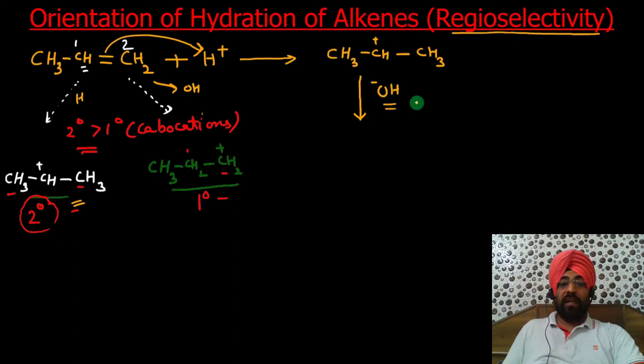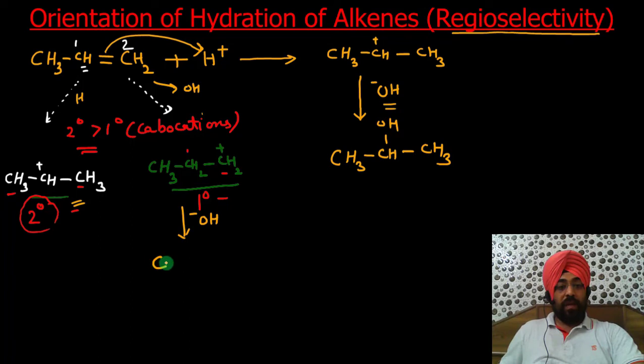So now if we add OH negative to this, the product will be CH3, CHOH, CH3. If we add OH negative to this, the product will be CH3, CH2, CH2OH.